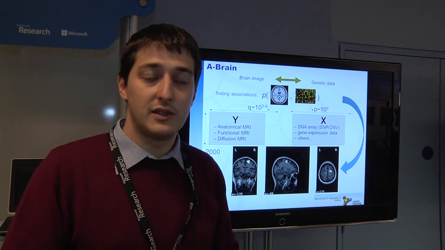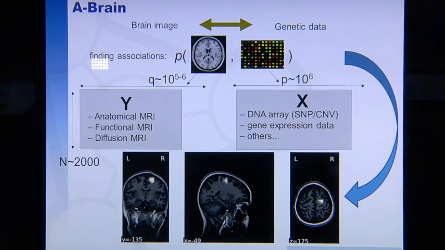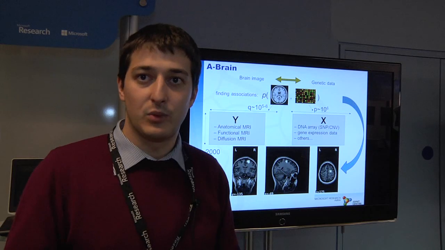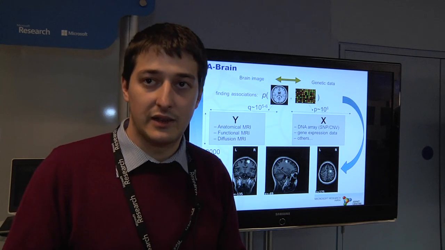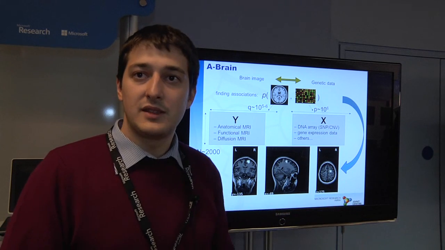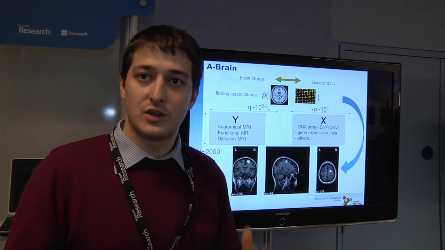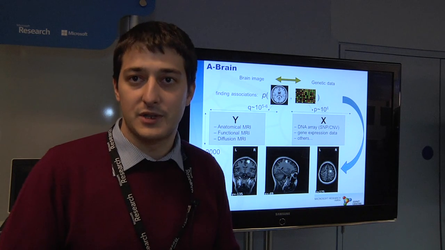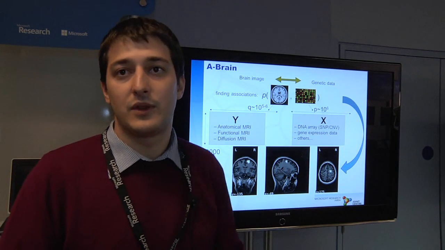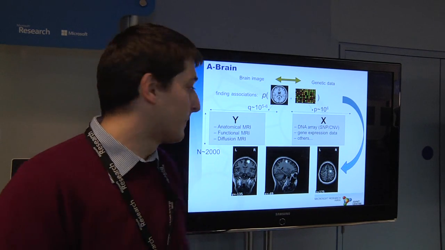This implies a huge amount of computation, and in addition, to control the statistics that we do, we also need to do a lot of permutation, which increases the data. So because of this, the data is both challenging from computation and data perspective. So it's something that fits in the term of big data.